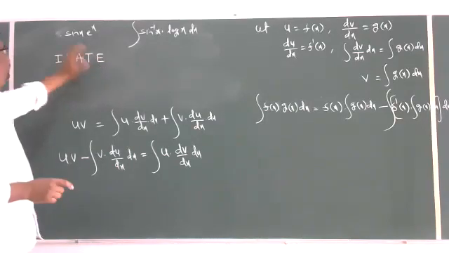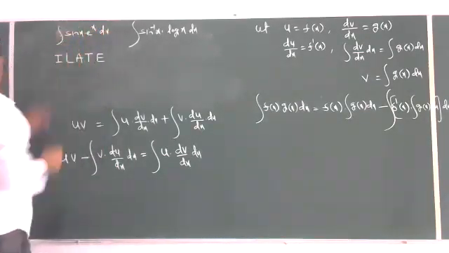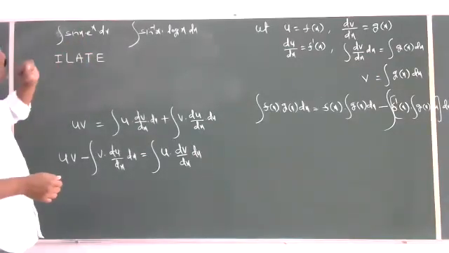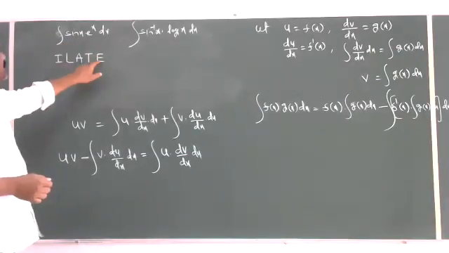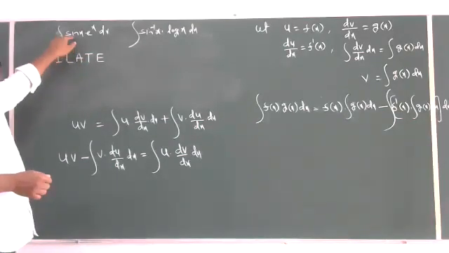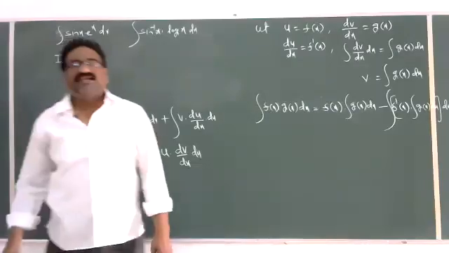Now here this function is given, integration of sin x into e power x into dx. So here, what is the preference given to the first function? E power x is an exponential function, last preference, and sin x is a trigonometric function. That's why sin x is the first function and e power x is the second function.